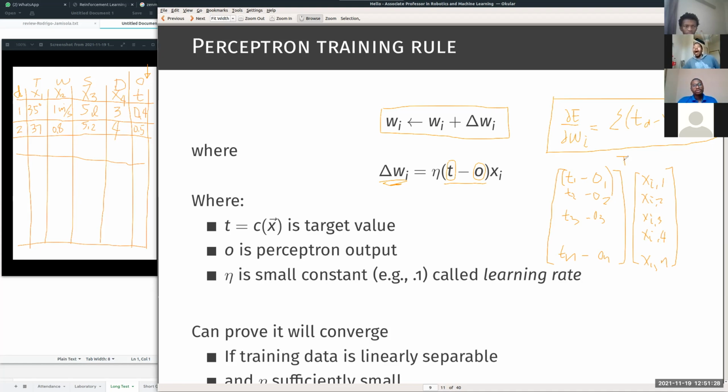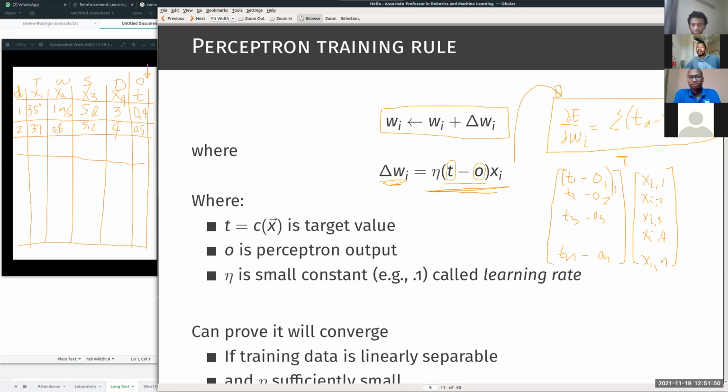So this should be the transpose, so that this one will go straight like that, and then you can multiply them accordingly. So this is how the summation is done, and this is equivalent to this one.